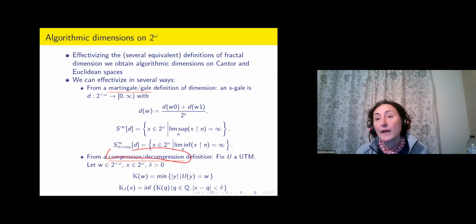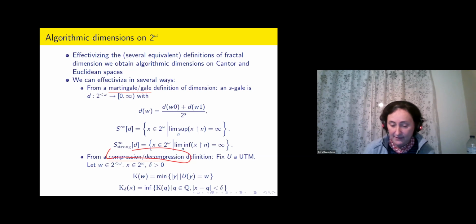That's a very good way of defining Kolmogorov complexity of real numbers. You may be more used to looking at real numbers as infinite sequences and then looking at finite prefixes of those. But this definition is far more robust and is far easier to translate to other spaces. So this is why I'm using it here.